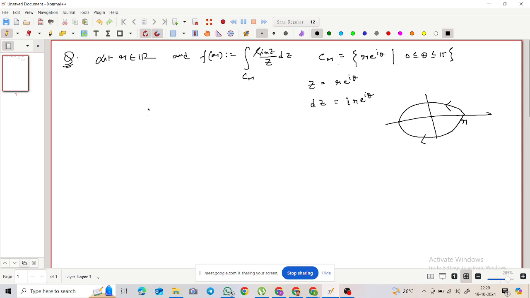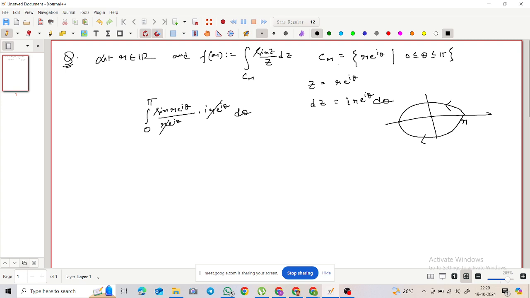So if we write down this integral, this becomes the integral from 0 to pi of sin(r e to the power i theta) over r e to the power i theta, times i r e to the power i theta d theta. Please check the calculation.